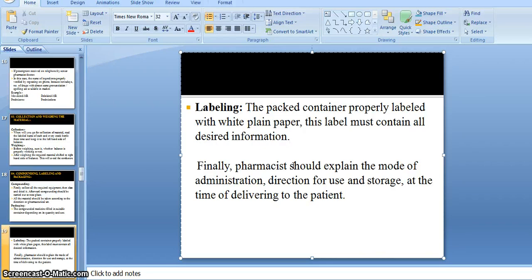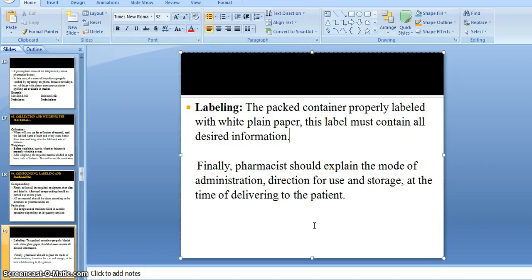That's why it is very necessary to clean that particular container. Afterward, finally, the pharmacist should explain the mode of administration, direction for use and storage at the time of delivery.